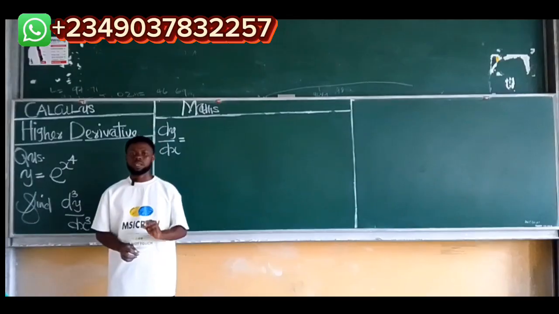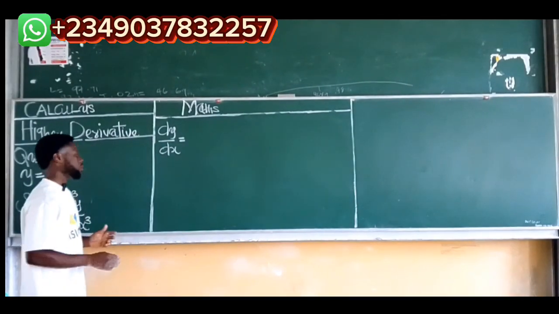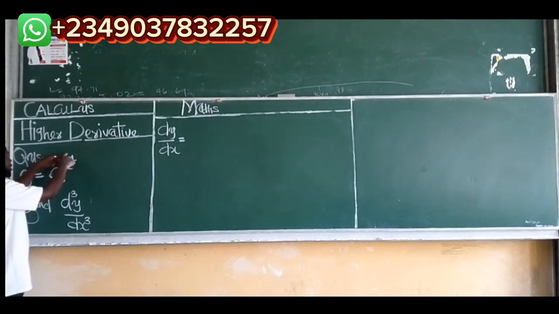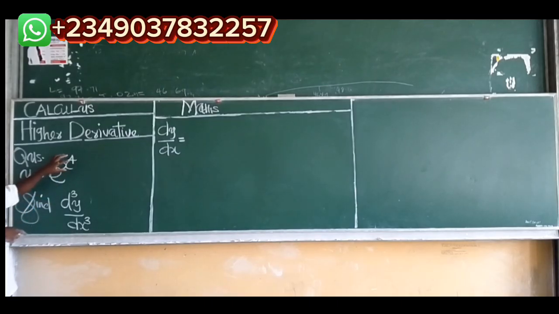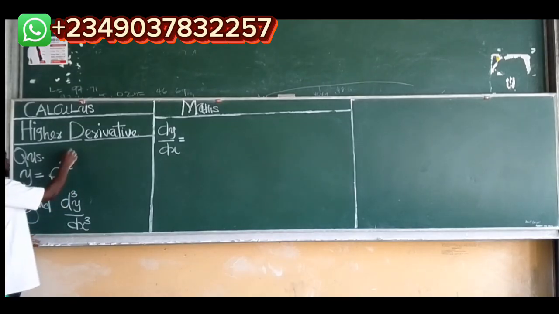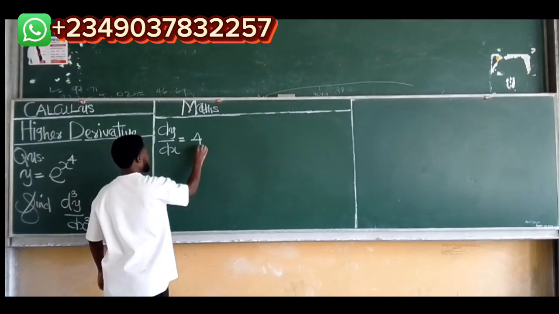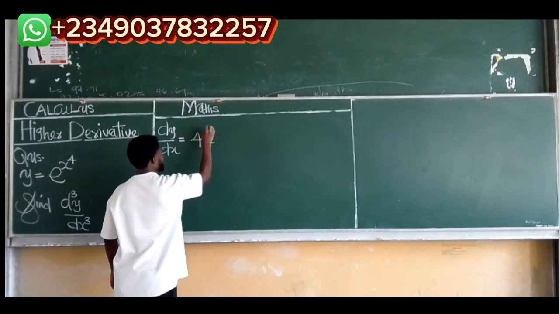But I'm going to introduce a very simple approach without applying the formula directly. So what is the approach? Now, whenever this type of question is given to you in exponential form, all you have to do is to differentiate the power of the exponent e. Then use the derivative of this power to multiply with what we have here. That becomes the result. So we are going to differentiate this. And if I differentiate x raised to the power of 4, I'm going to obtain 4x raised to the power of 3.